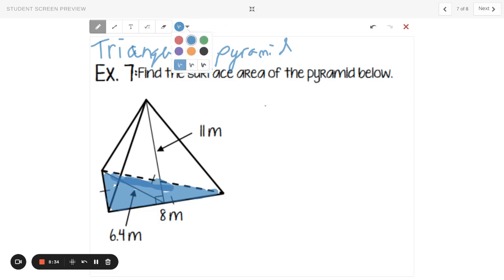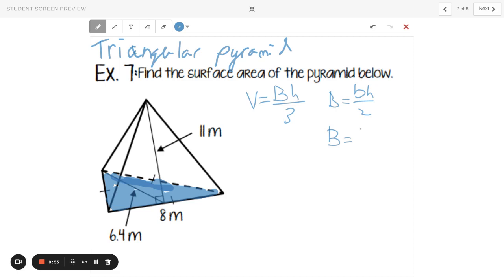So since it's still a pyramid, the volume formula is still V is equal to big B times H divided by 3. But since the base is a triangle, your big B is going to be base times height divided by 2.